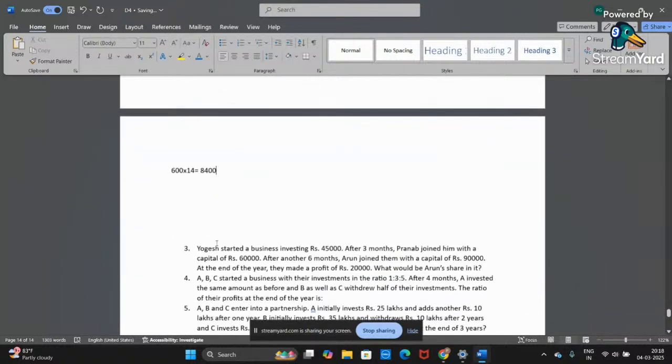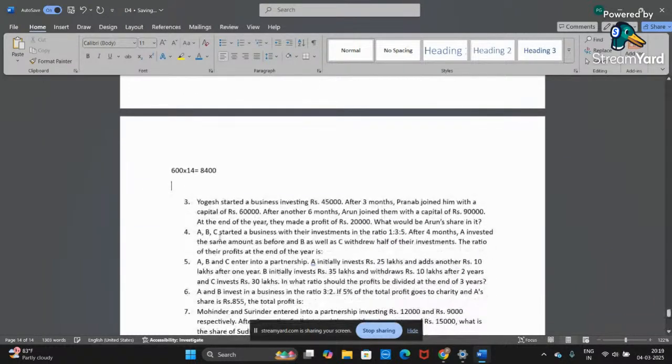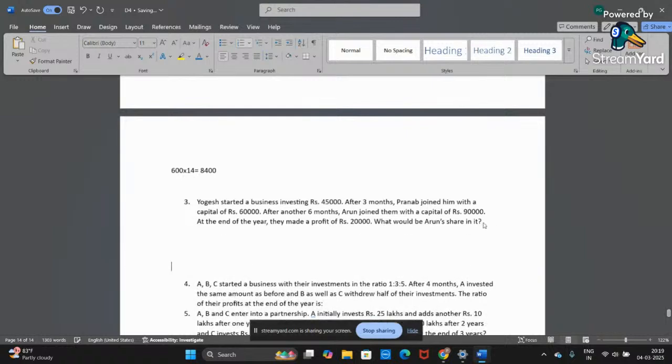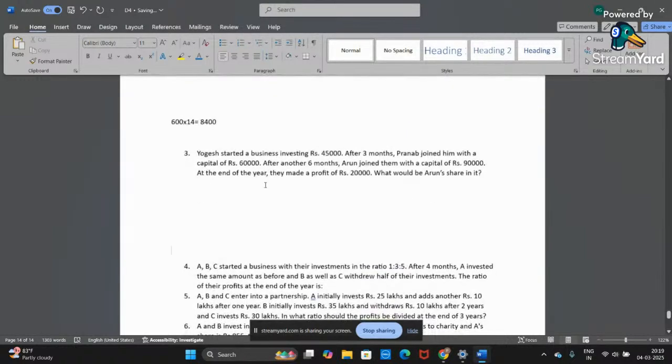Okay, now let's move on to the next one. Yogesh started a business investing 45,000. After 3 months, Pranab joined him with a capital of 60,000. After another 6 months, Arun joined them with a capital of 90,000.